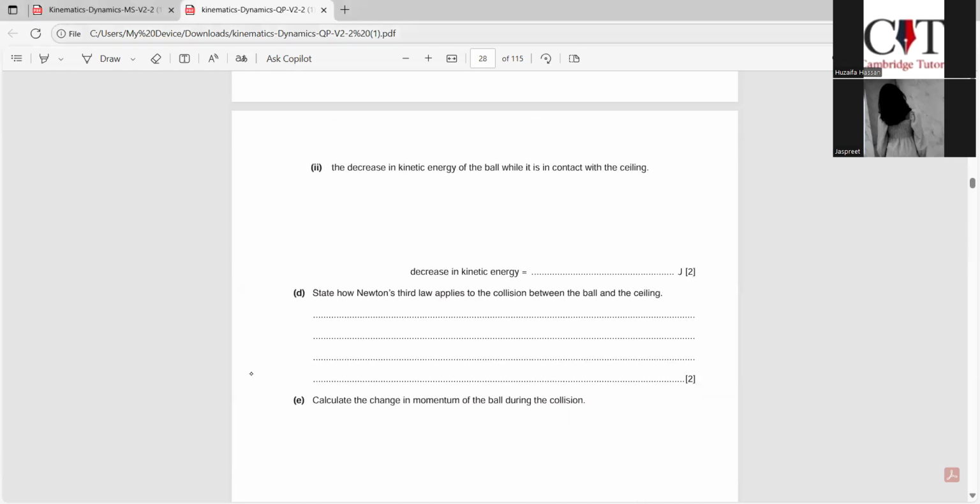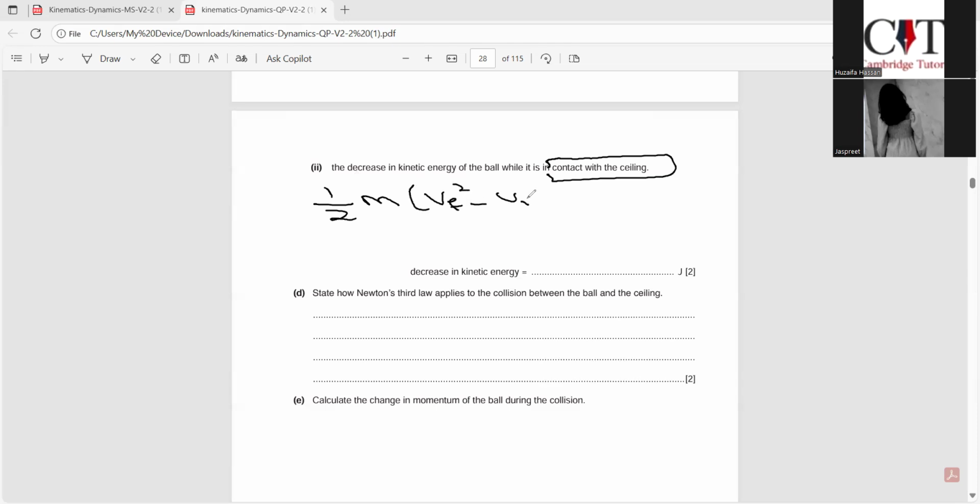Calculate the decrease in kinetic energy of the ball while it is in contact with the ceiling. For that, we have not studied this chapter, but it is a concept of O levels. We know the formula of kinetic energy. So we just have to subtract the final velocity minus initial velocity, right?